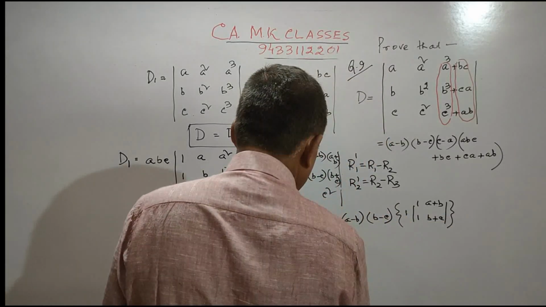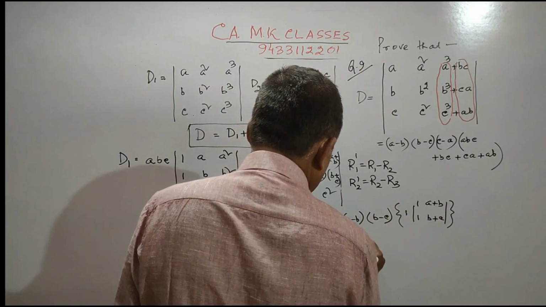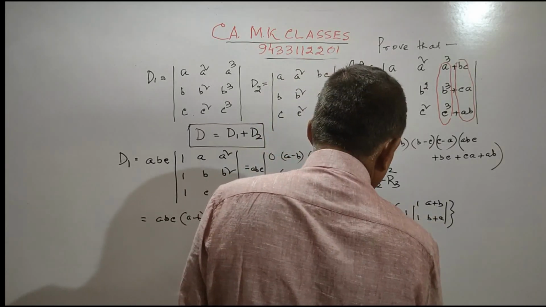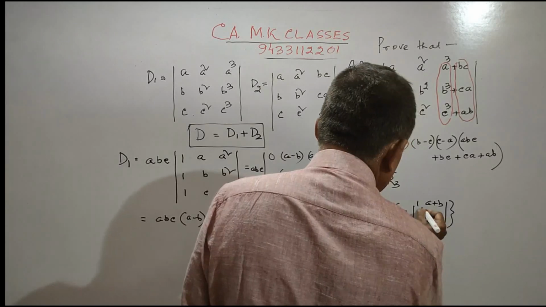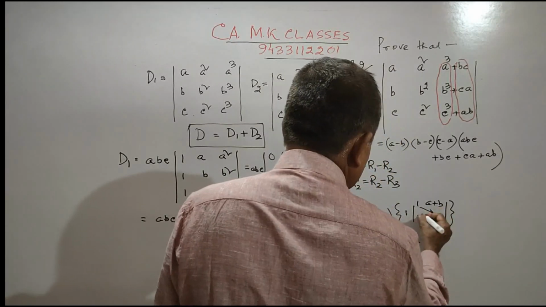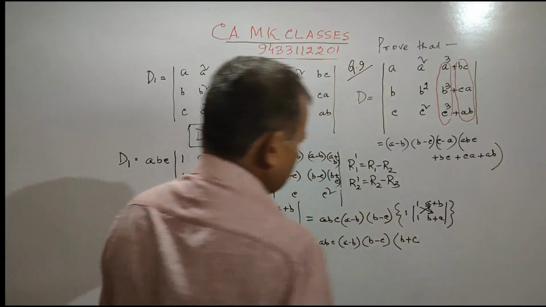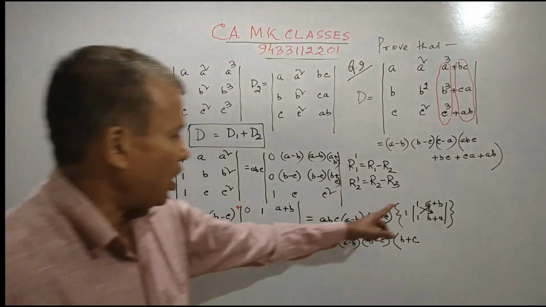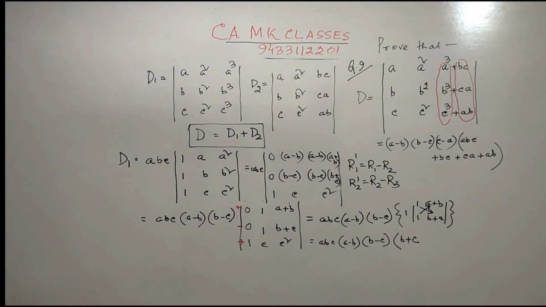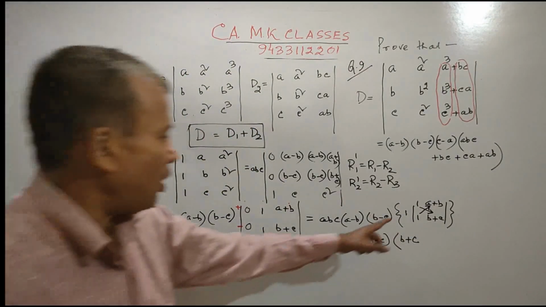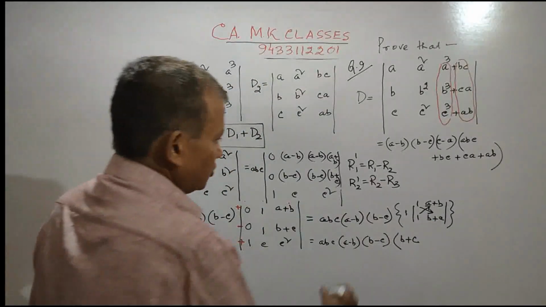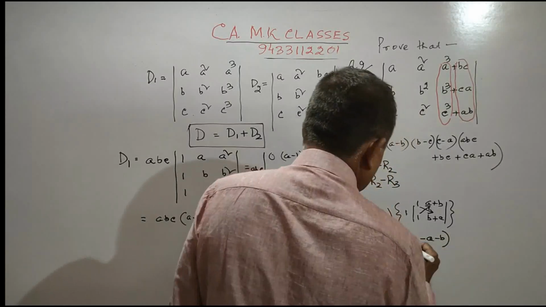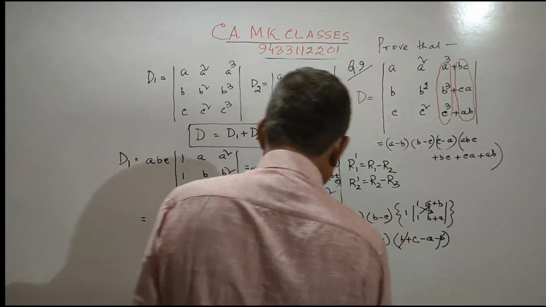So this is abc (a minus b)(b minus c), and this is your (b plus c). First you multiply this, that is 1 into (b plus c), then you multiply 1 into (a plus b). So b plus c minus a minus b, that is c minus a.